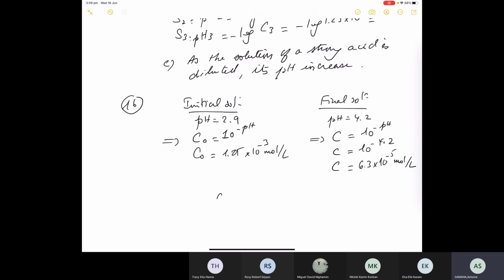Okay, now we know that C0 V0 equal to C V, so V0 equal to C V over C0. C is 6.3 times 10 negative 5 times V. We are aiming to prepare 1 liter of solution, times 1 over 1.25 times 10 negative 3.